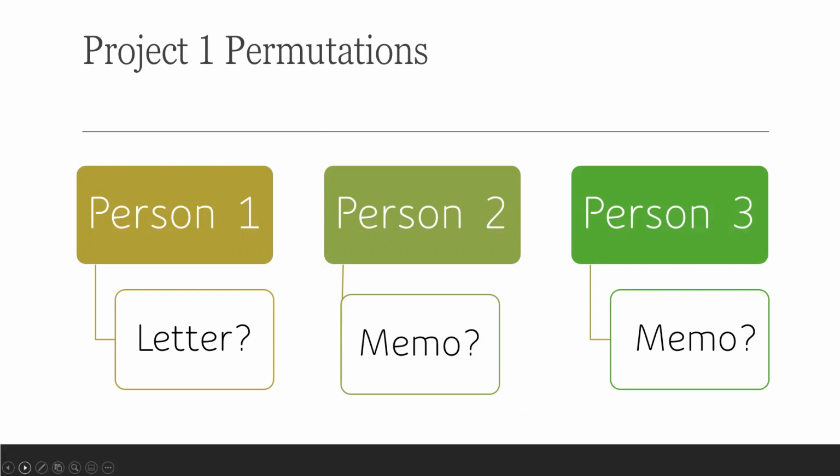And what I don't expect to see for any student is all 3 of the same document types. So, for example, if you expect email, email, email as your response to those 3 people, you're not going to like the grade you receive. Part of the purpose of Project One is problem solving and considering document selection.